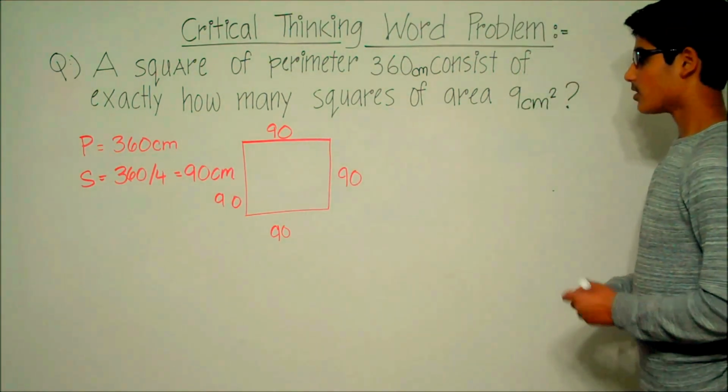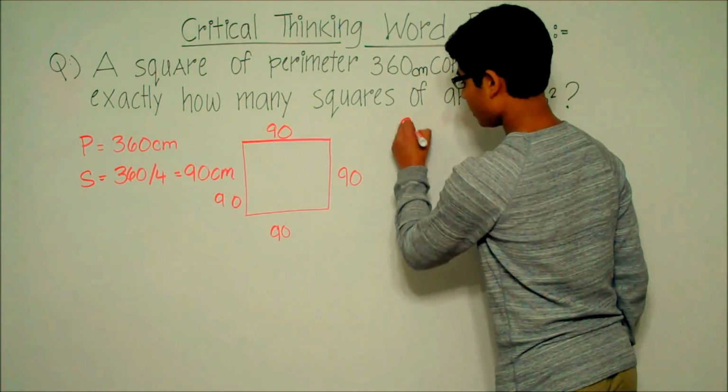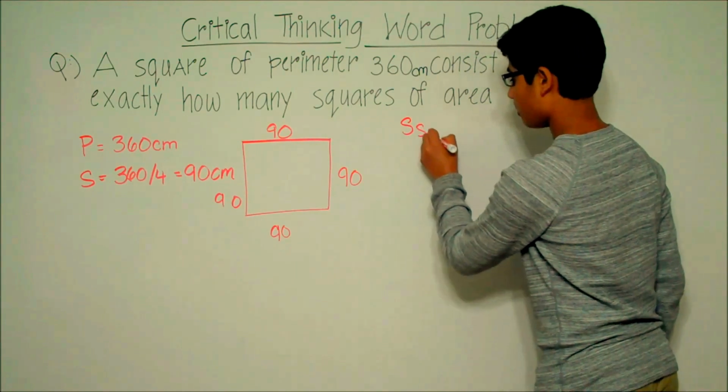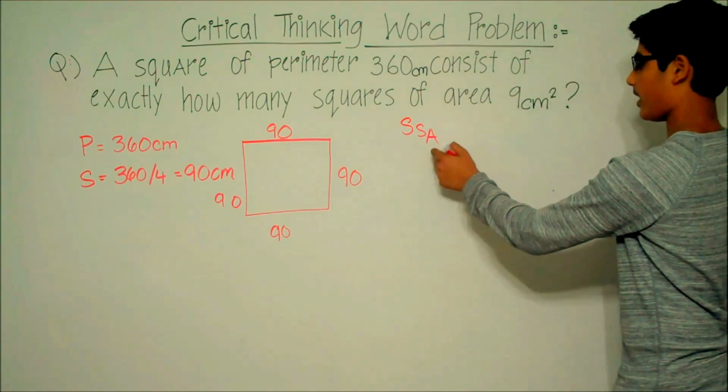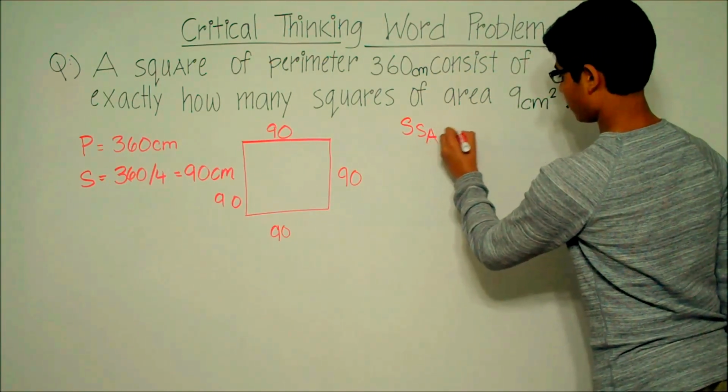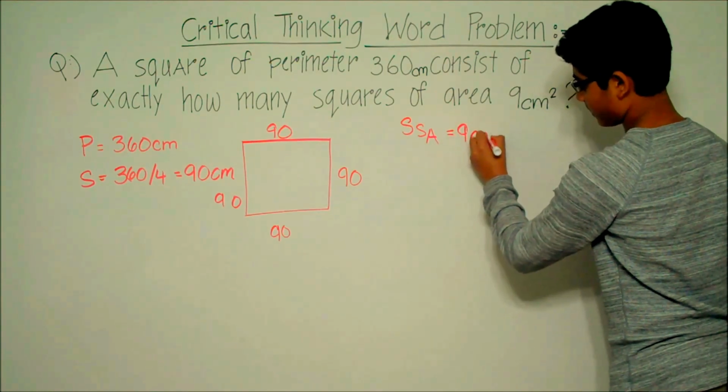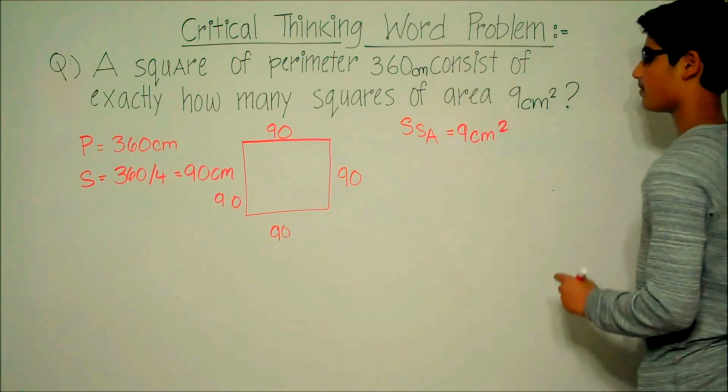square. So we know that the smaller square's area, S for smaller, S for square, A for area, is equal to 9 centimeters squared.